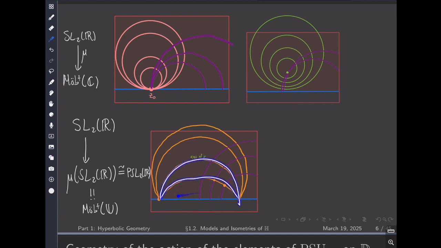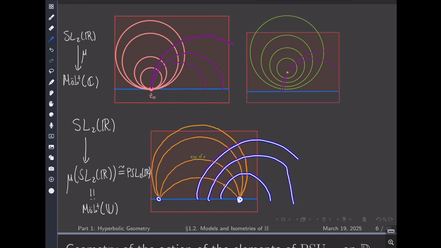Now if I consider the Apollonius circles of the two fixed points, they are semicircles orthogonal to R bar, and if this is the repulsor, then somehow they begin getting away from one, and then getting close to the other, always being Apollonius circles, right?